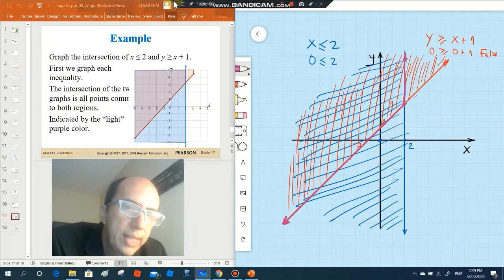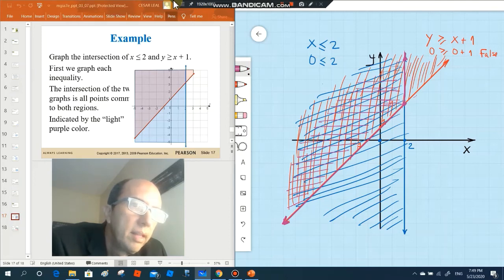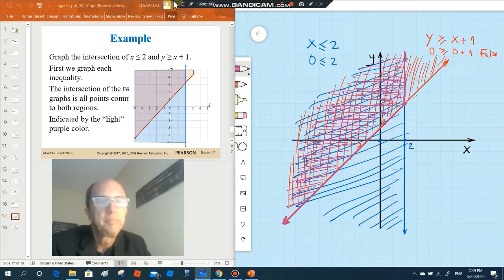And the area is everything that's blue and red, which is the area that I'm shading in purple. Okay, this is the intersection.